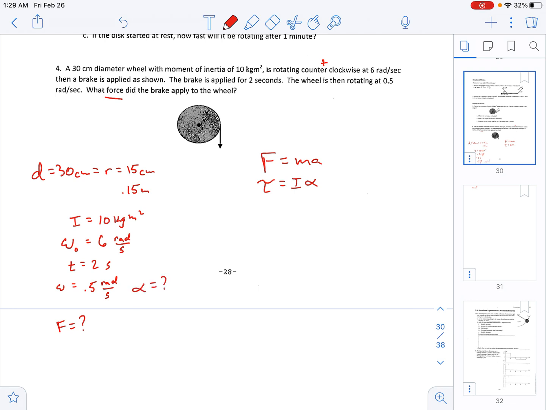That's going to be my equation of alpha is equal to, rearranging here, omega minus omega 0 over time, or 0.5 minus 6 over my 2 seconds. 0.5 minus 6 is going to give me a negative 5.5 divided by my 2 seconds, or my alpha is going to be negative 2.75 radians per second squared.